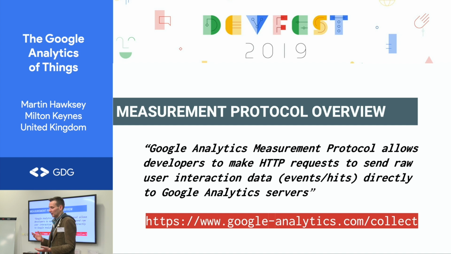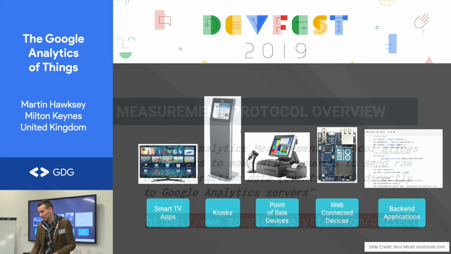So things like hits, counts of stuff, timings. It's not a case of you can just shove any data you want into Google Analytics. It's still got to conform to the type of data that Google Analytics can actually process.